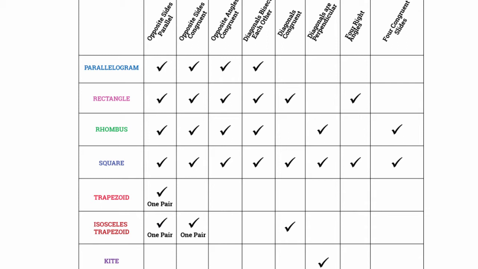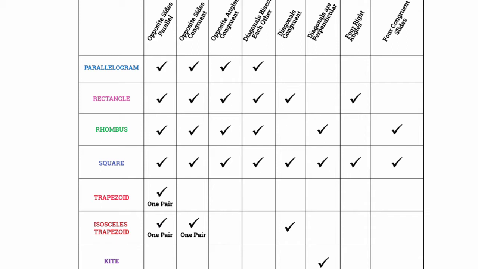Similarly, in a rhombus, opposite sides are parallel, opposite sides are congruent, opposite angles are congruent, diagonals bisect each other, diagonals are not congruent. In the blank box we can write not congruent, right? Diagonals are perpendicular in a rhombus and there are four congruent sides in a rhombus.